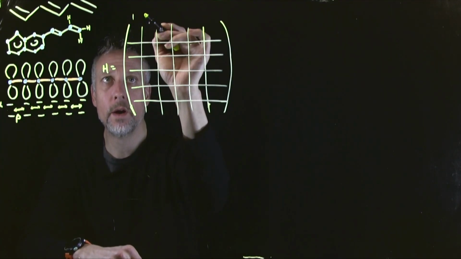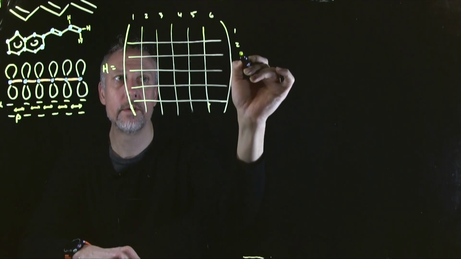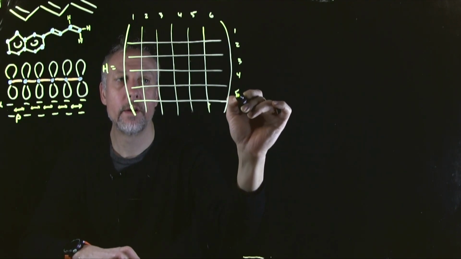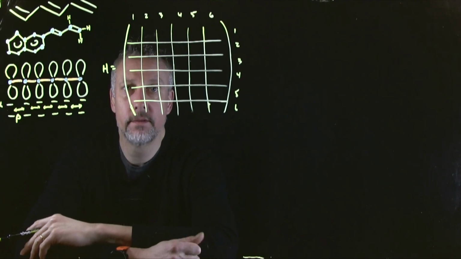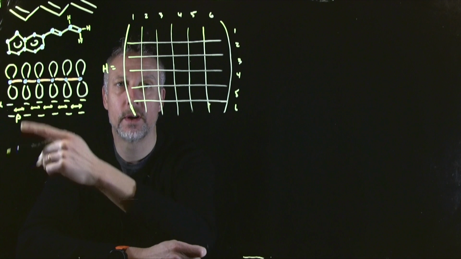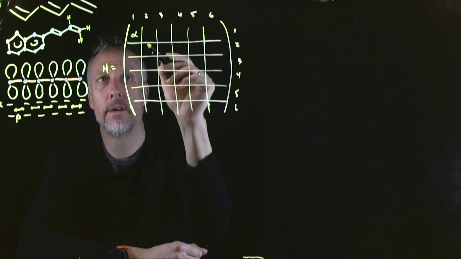So that's the site 1, 2, 3, 4, 5, and 6. Then we simply put onto the diagonal the energy of exciting one of these, or sort of being in one of them, and that's going to be alpha.